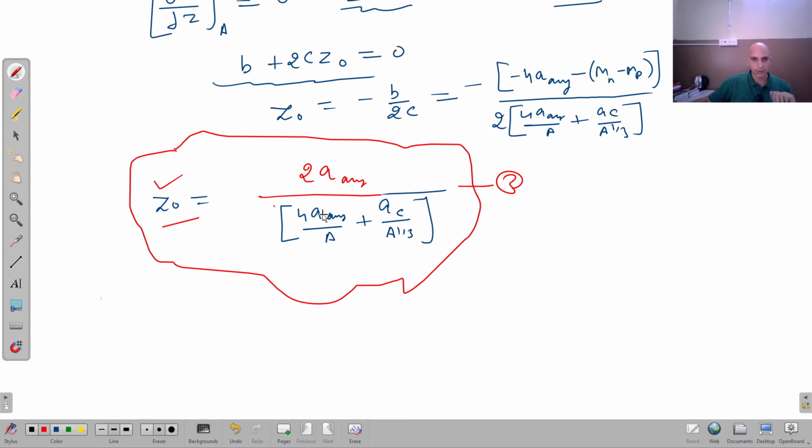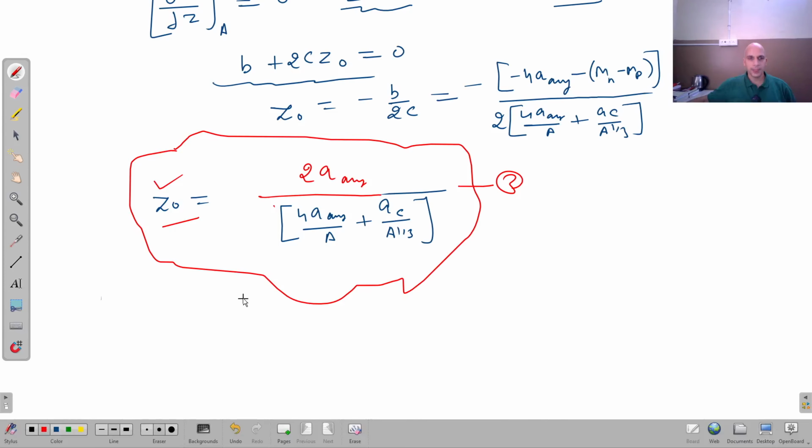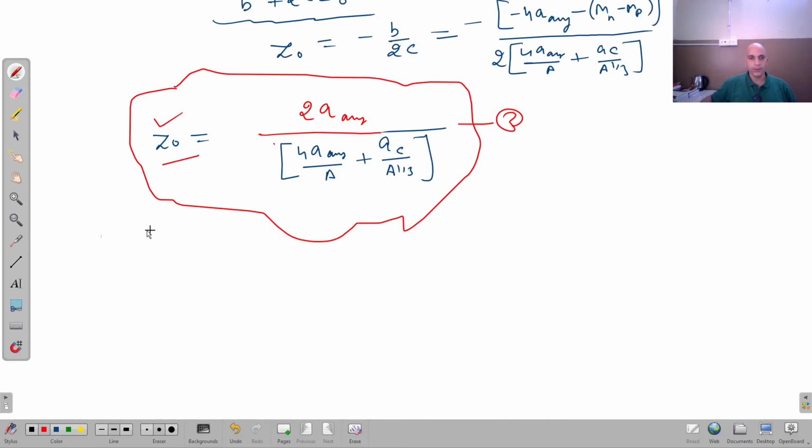Now I am taking one numerical problem as an example. You are given A equal to 80 and you are asked to identify the most stable isobar for this given mass number.